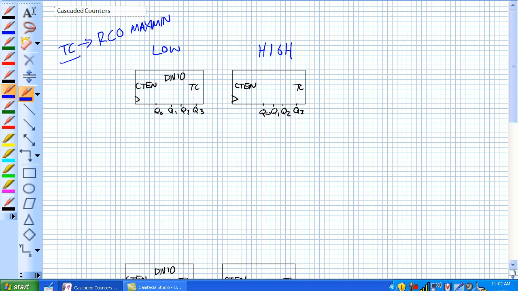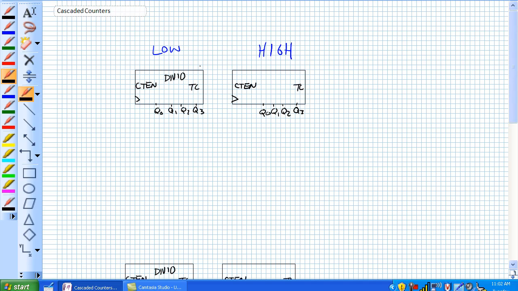I'm going to refer to it as TC for everything. When does it go high? It goes high only when it's achieved its maximum in an up counter configuration or its minimum in a down counter configuration. So let's go ahead and do an example.